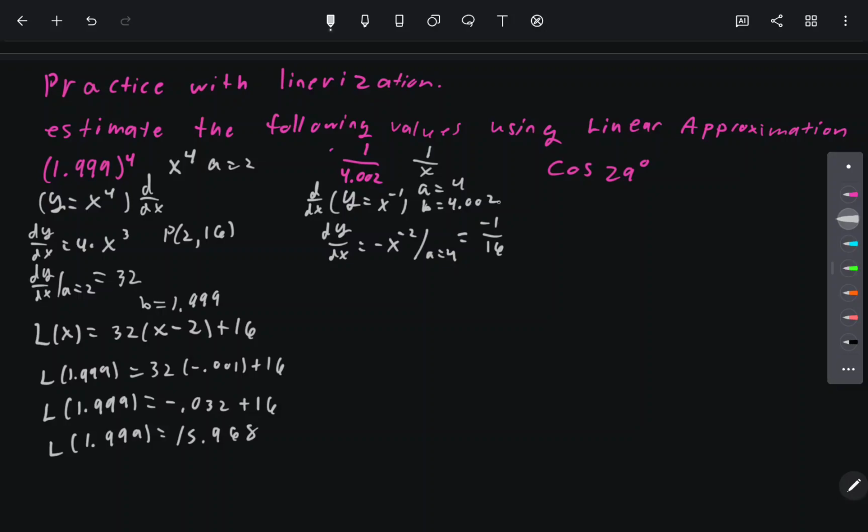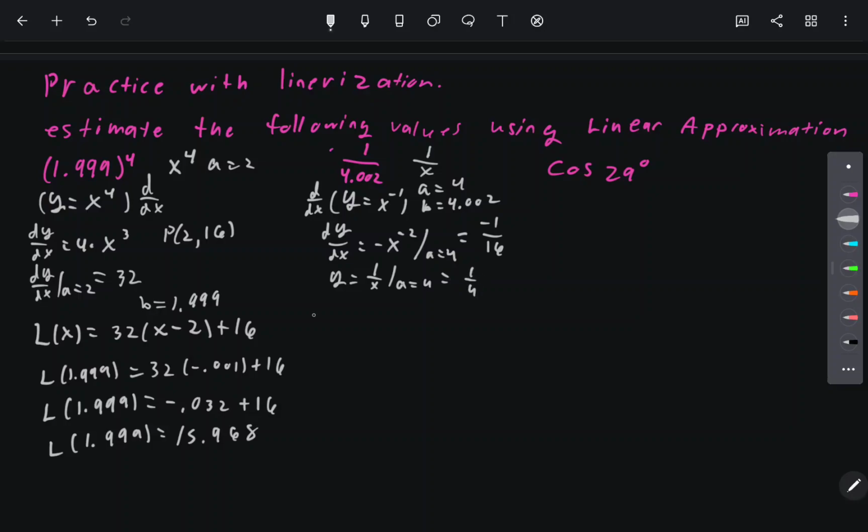Now, we just need to plug in our 4. So, y is equal to 1 over x evaluated at a is equal to 4. So we just get 1/4.